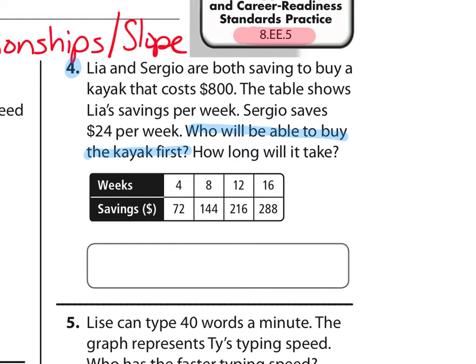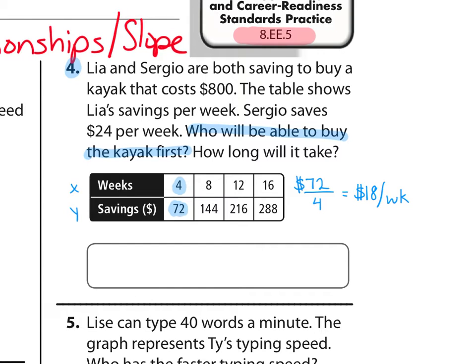Well, it tells us that the table shows Leah's savings per week. And we can see that every 4 weeks she had $72 in savings. So let's just see what the amount of savings per week is. We'll divide the y value, the savings, by the x value, the weeks. 72 divided by 4 weeks would be $18 per week.